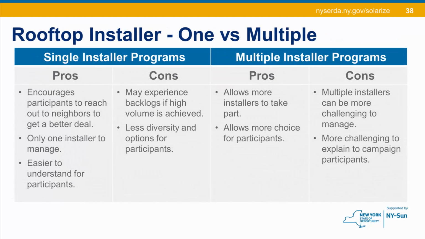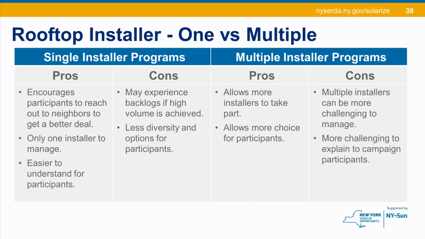As the campaign team reviews the installer responses, you may decide to work with just one or multiple installers based on their offerings and the needs of your community. With a single installer program, participants are encouraged to do their own neighbor-to-neighbor outreach. There is only one installer for the campaign to manage, and the messaging is easier for participants to understand.